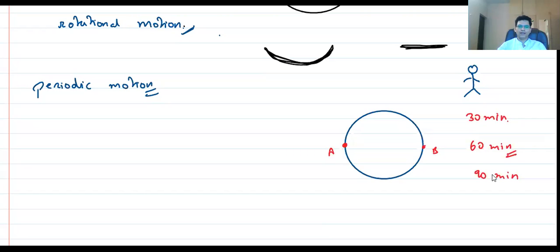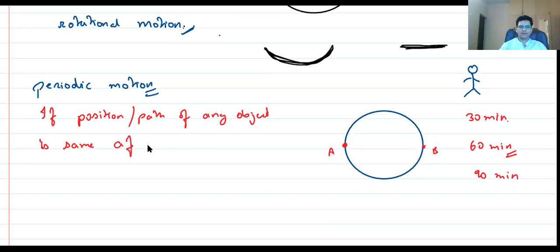Now, I can say if the position or path of any object is the same after a specific time interval, then that motion is called periodic motion.